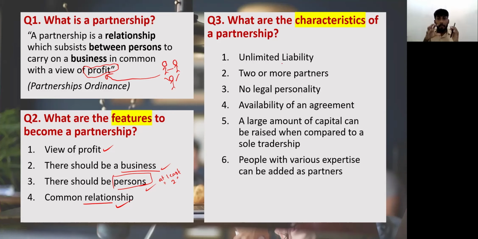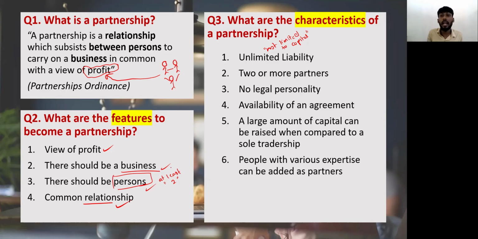That means the partner's liability is not limited to the capital that they have introduced. In case of a winding up, the partner has to bear all the liabilities. Unlimited liability. And there are two or more partners.